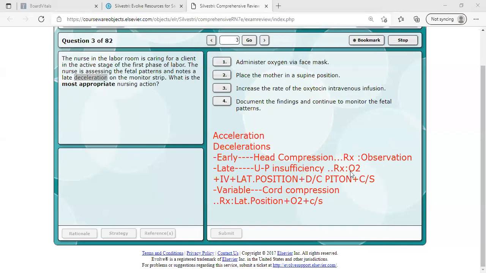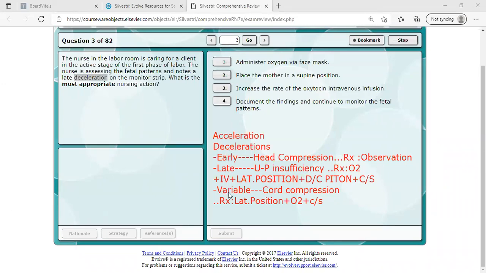We make sure of adequate oxygen, give the mother IV fluid, and place the mother in left lateral position. Also disconnect the Pitocin. Be prepared for cesarean section.